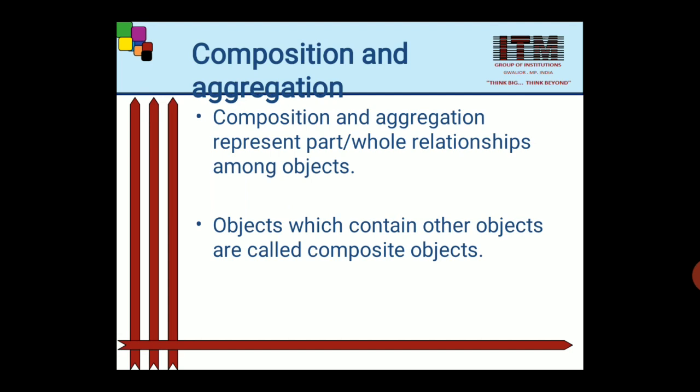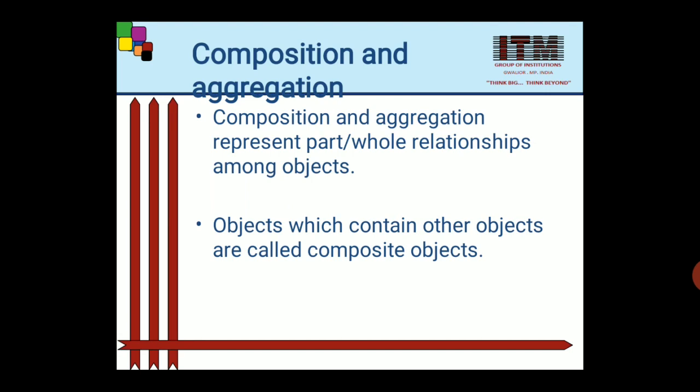Take an example: a book object can have up to 10 chapters. In this case, a book object is said to be composed of up to 10 chapter objects, and the composition and aggregation relationship can also be read as a book has up to 10 chapter objects.